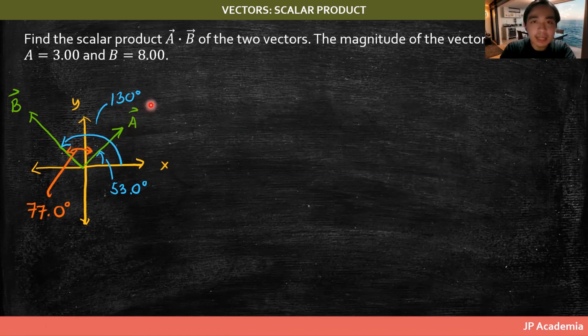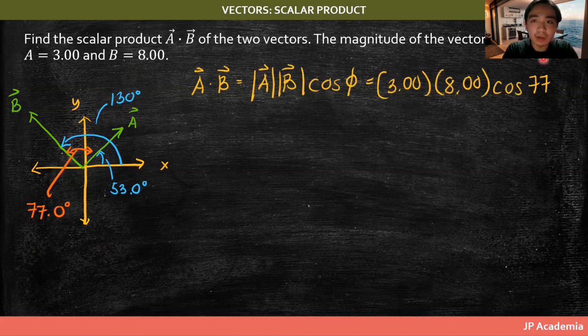Pero tandaan natin na sa formula kasi ni scalar product, ang kailangan mo yung angle between these two vectors. So, para malaman mo yun, madali lang, subtract mo lang si 130 minus 53 to get the angle between these two vectors, which is 77 degrees.